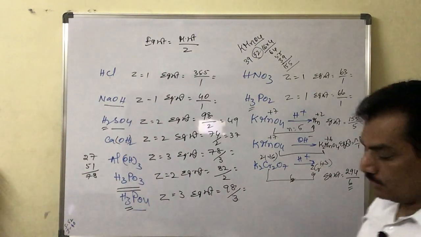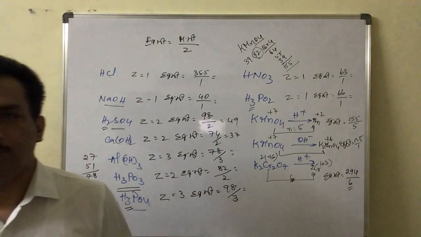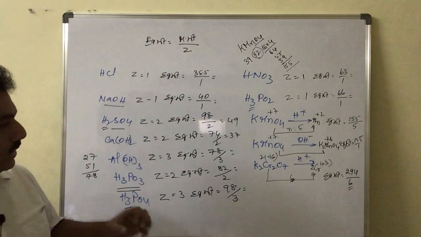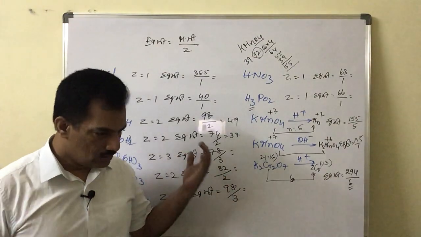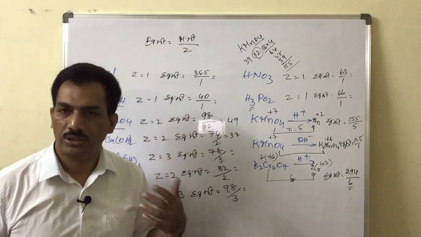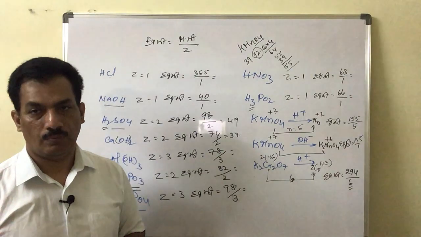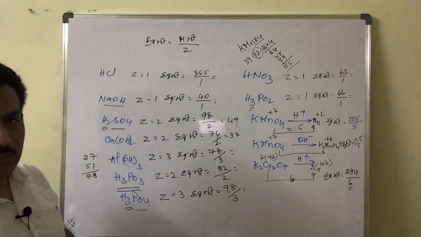This is the equivalent weight of K2Cr2O7 in acid medium. Like that, we have to consider the acidity or basicity or the change in oxidation state, or in case it is an element, we have to consider the valency also. That is about the Z factor.